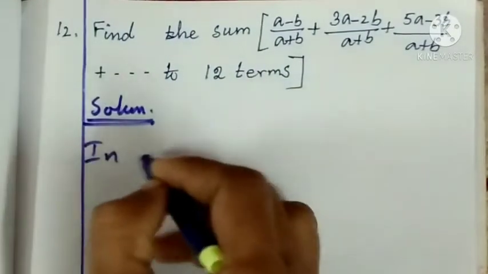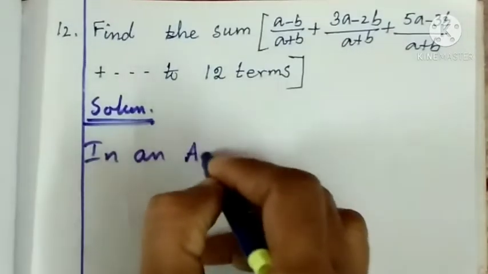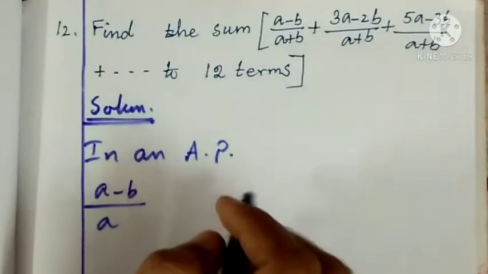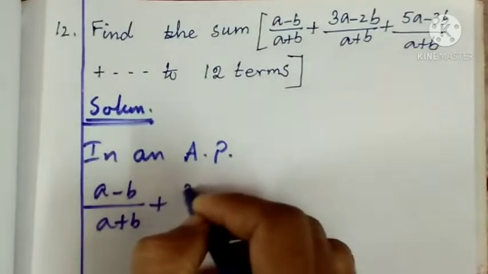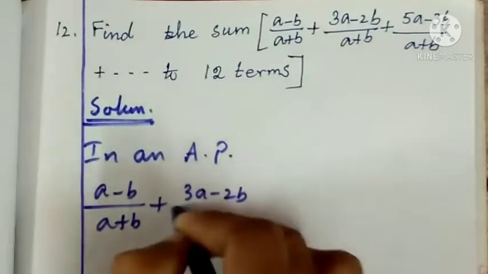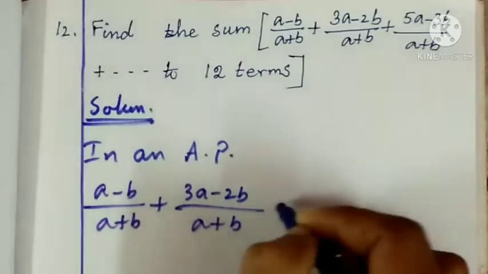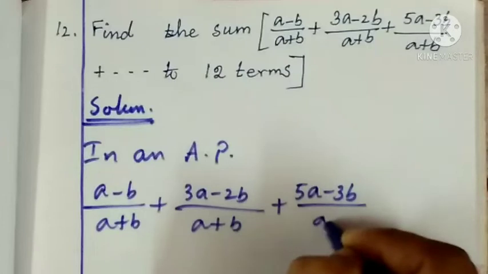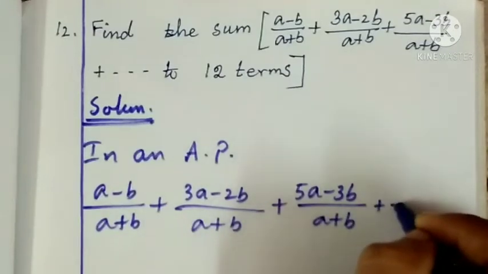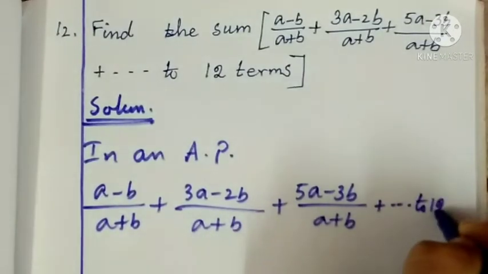In an AP, the given AP is a minus b by a plus b, plus 3a minus 2b by a plus b, plus 5a minus 3b by a plus b, up to 12 terms.